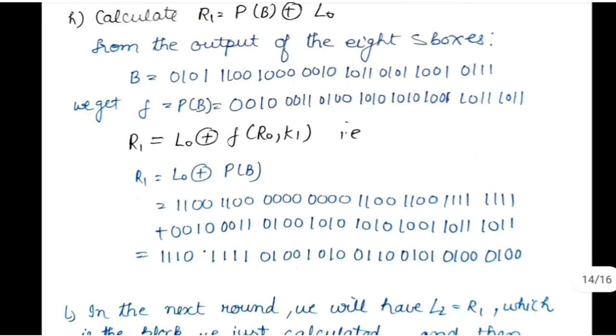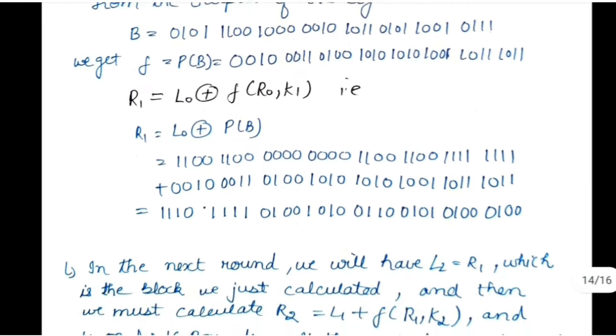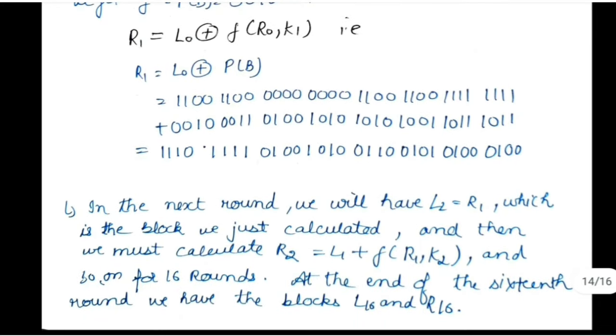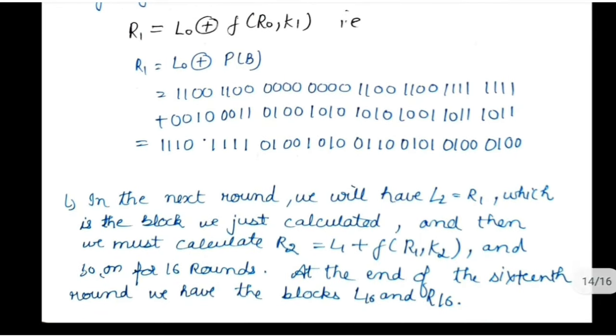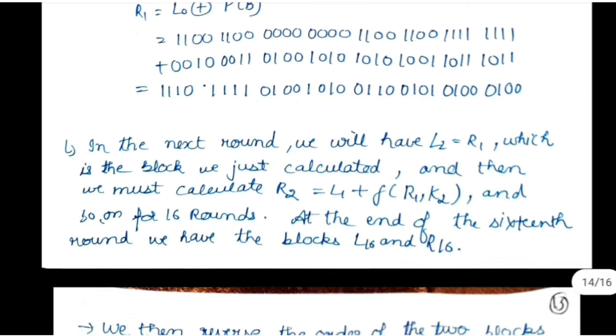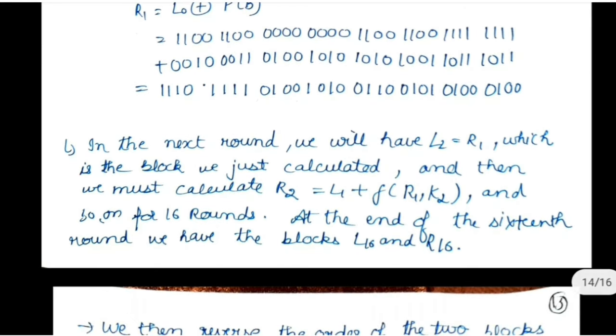So we will XOR these values. Why have we done all these things? Because our key was 48-bit and R0 was 32-bit, we converted R0 to 48-bit, then again converted it in address form for the S boxes to convert it into 32 bits so that we can XOR it with L0. So now we can XOR these 32 bits, that is L0 and PB, and you know how to XOR. This is the result of R1.